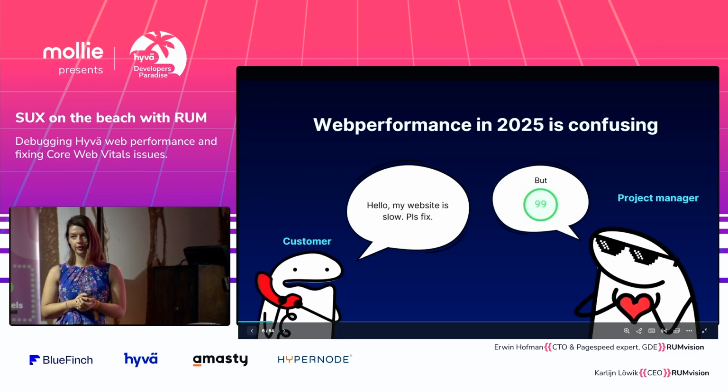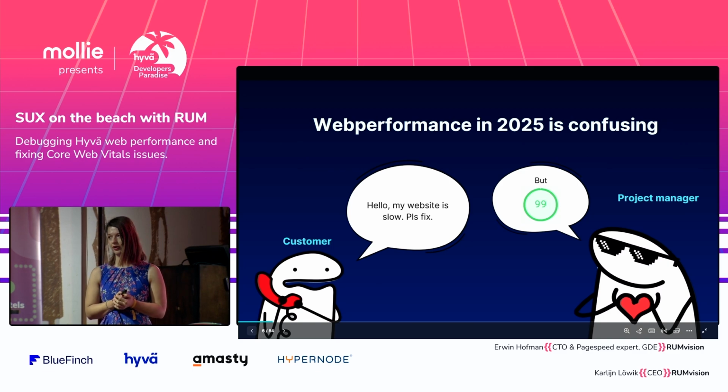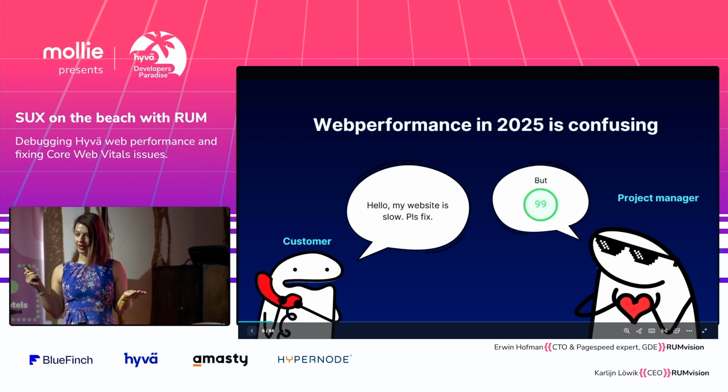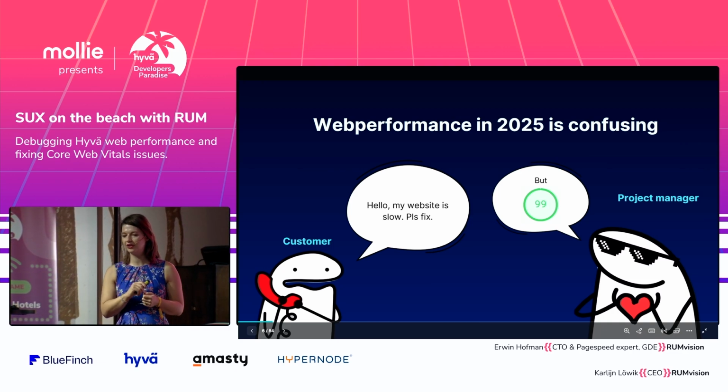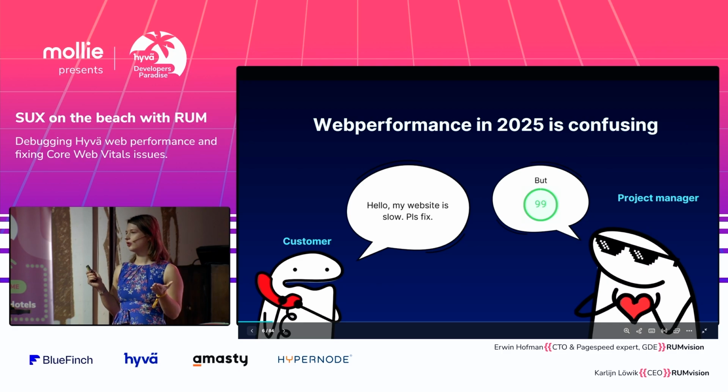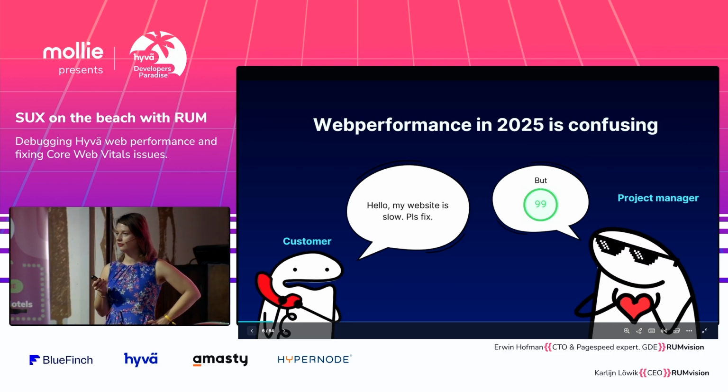However, web performance in 2025 is very confusing. Because what do you look at? There are many things. Well, what happens? And I think that many developers here have experienced this. Your customer calls and says, hey, my site is slow. Could you fix it? And you say, yes, I have a perfect installation of the Hyvä theme.